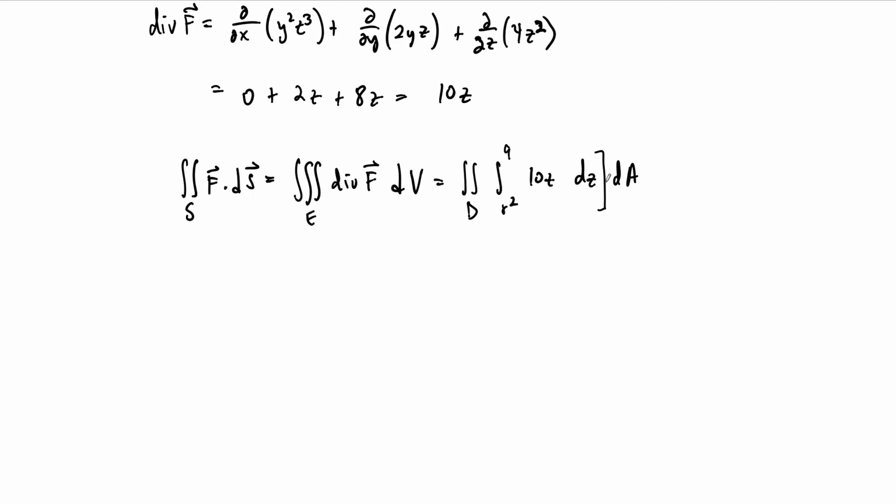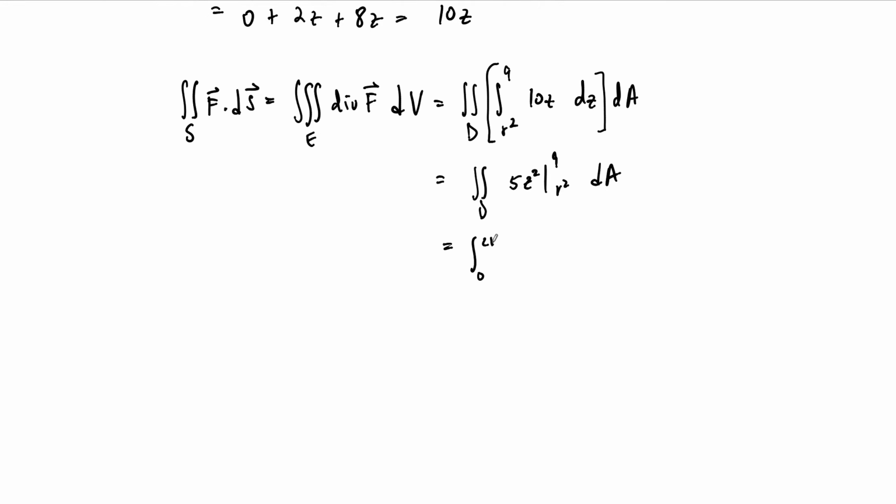So I'm just breaking this up into a double integral of a single integral. We integrate this with respect to z, and we end up with 5 z squared, evaluated at these boundaries, 9 and r squared, dA.